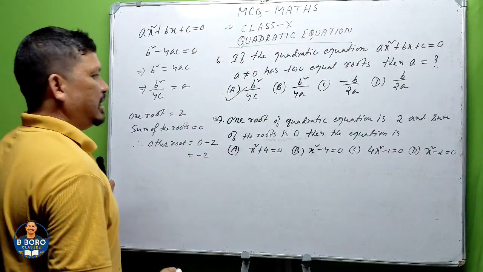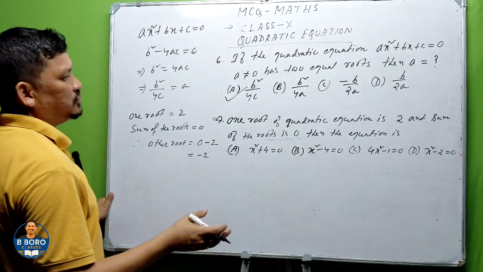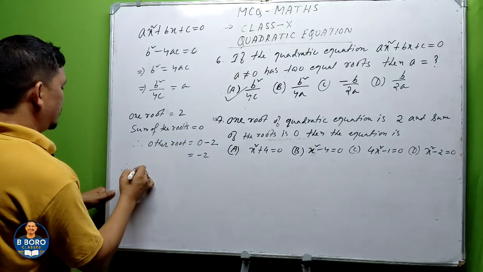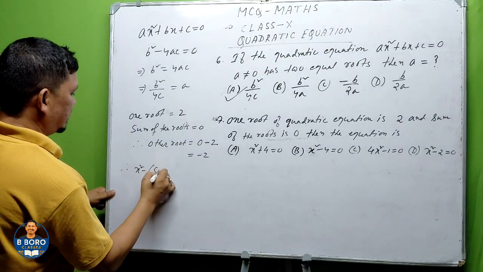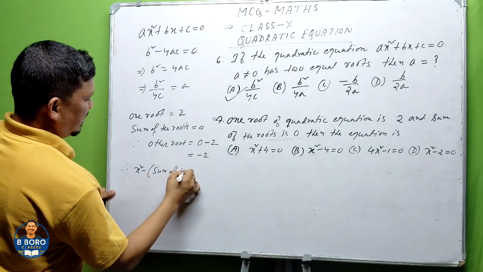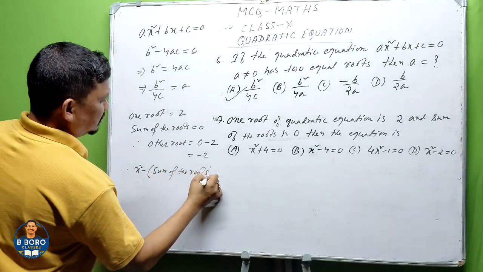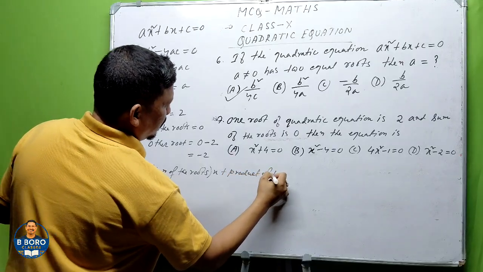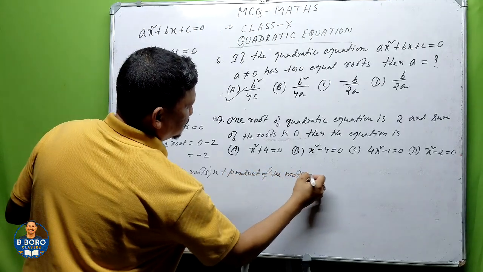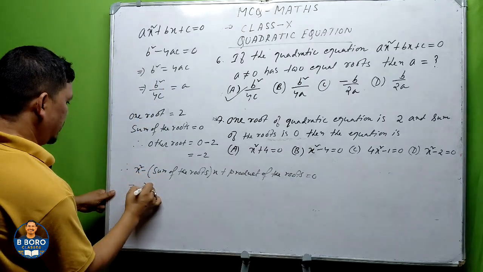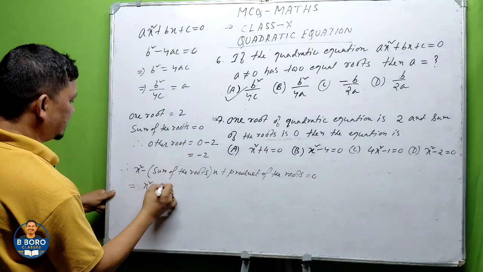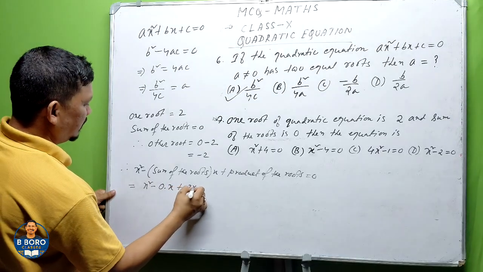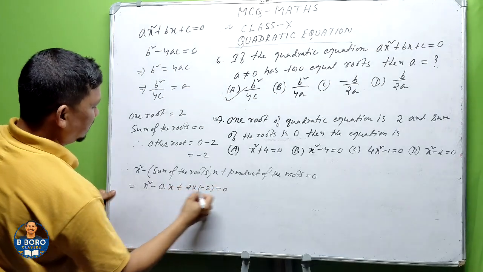Now, when the sum of the roots and the product of the roots are known, how can we find a quadratic equation? x square minus the sum of the roots into x plus the product of the roots equals 0. So x square minus the sum of the roots, which is 0, into x, plus the product of the roots, one root is 2 and the other is minus 2, equal to 0.